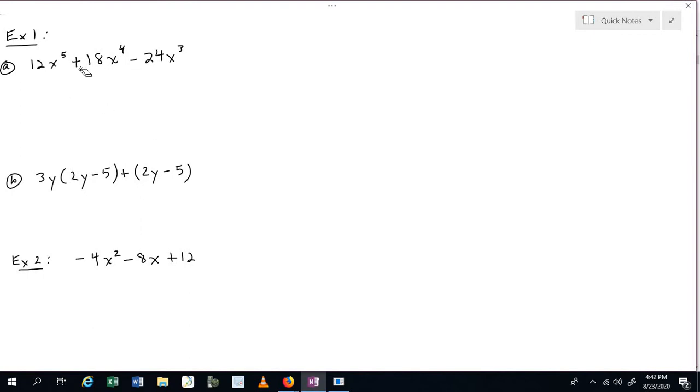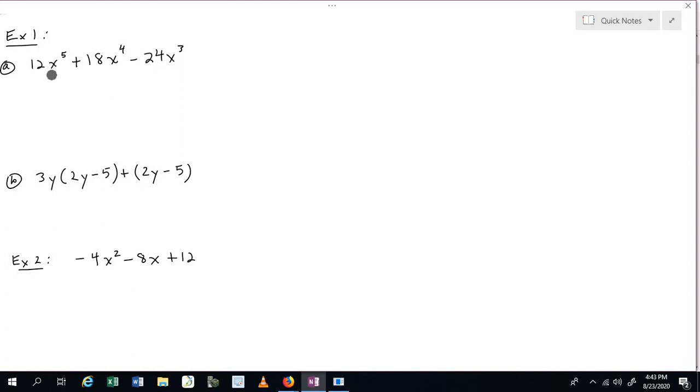Okay, so let's take this example here. Notice you have a fifth degree polynomial here with 3 different terms. And so we're going to try and factor it by pulling out the greatest common factor among those 3 terms. Now, with respect to the numbers, we want to find the greatest common factor between 12, 18, and 24, okay?